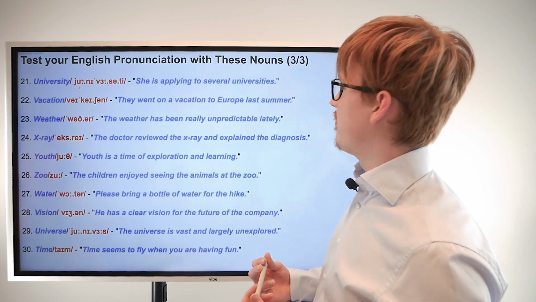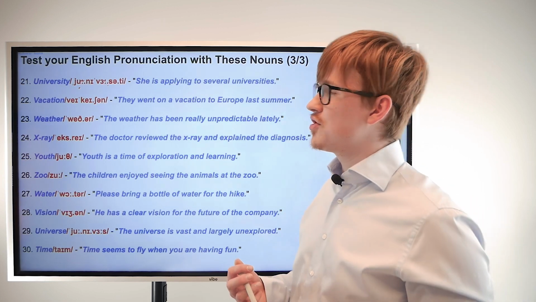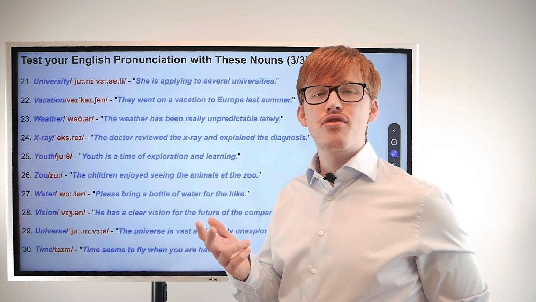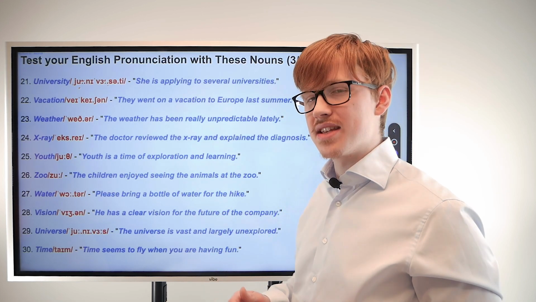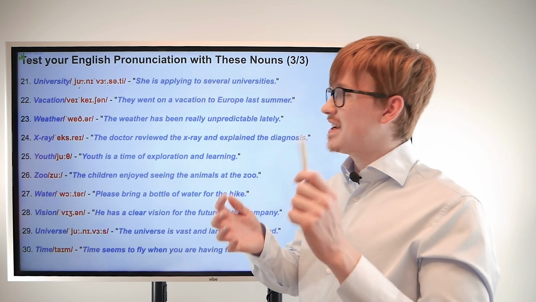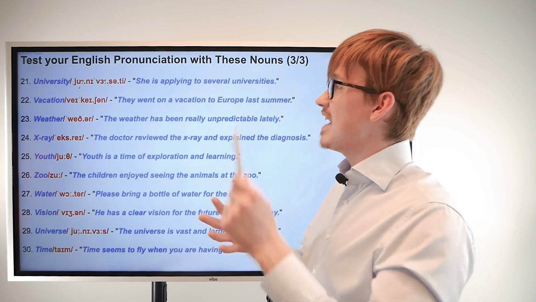Number 22, we have vacation. They went on a vacation to Europe last summer. So vacation is a holiday, and we have vacation. 3 syllables here. How would you pronounce that? Which one would you put the stress on? Vacation. It's the second one, right? Vacation.